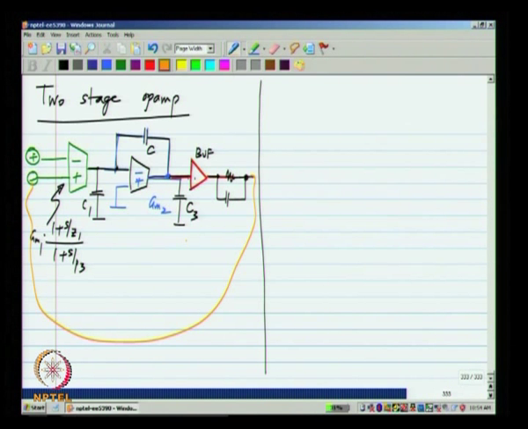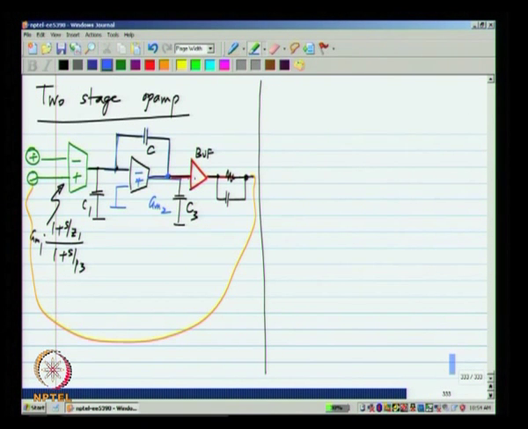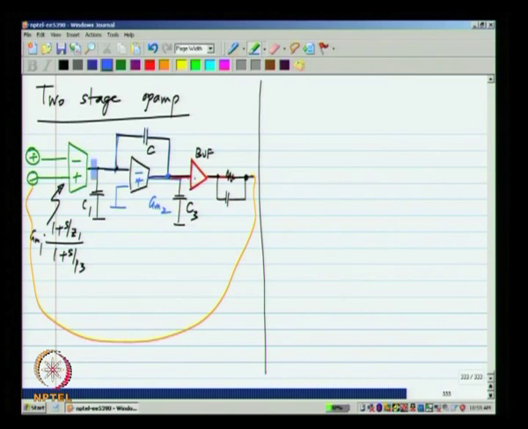This loop is an unity feedback. Okay. So, what we need to know is which components are associated with which part of this, and if you wish to, you can put down the values of GMs and calculate where the poles and zeros are and ascertain if the circuit is stable. Okay. Now, the unity gain frequency of this feedback loop, which is also the unity loop gain frequency, because we have unity feedback around this, will be GM1 corresponding to this divided by C. Okay.